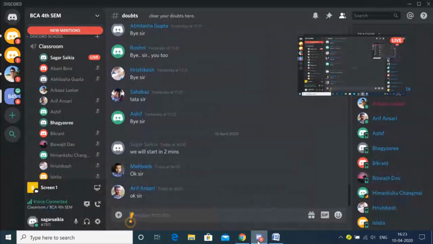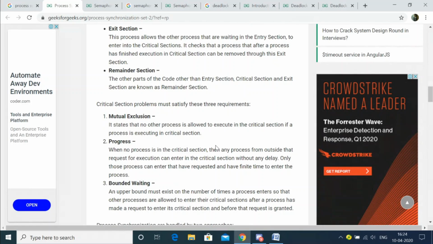Then there are certain factors that the critical section must satisfy. First is mutual exclusion. I think by now you know what mutual exclusion is. It states that no other process is allowed to execute in the critical section if some other process is already present there and being executed.